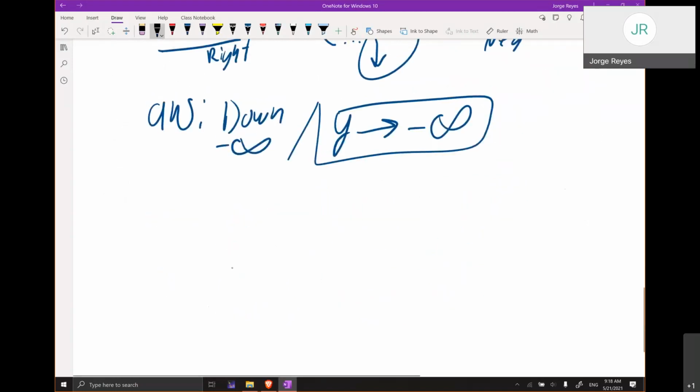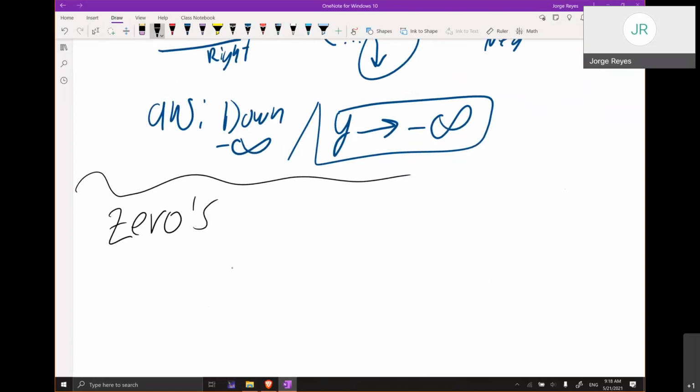Moving on though. Now we're going to talk about arguably the most important part in the entire chapter. We're going to talk about zeros, which are also known as roots.